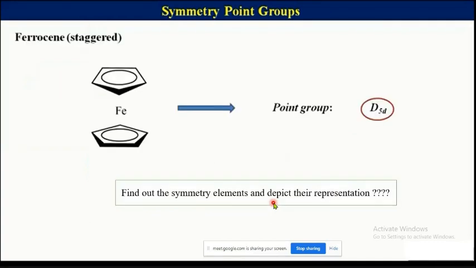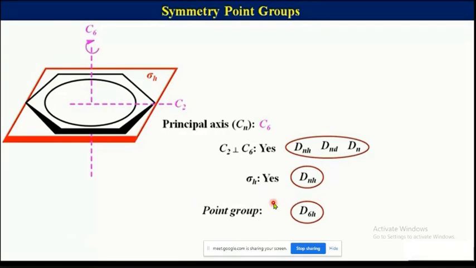Now, important is ferrocene. See, ferrocene is having 2 different types of orientation. Sir, if we mark C2 diagonally, then it would not be perpendicular to C6 in benzene. Then at that time, our point group... If you see in benzene, there are 2, or even if I'm not wrong, 3 types of C2s.